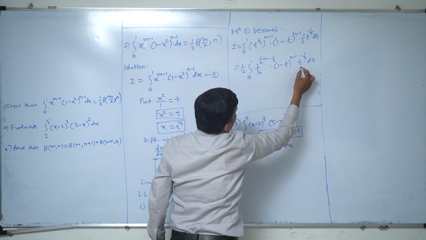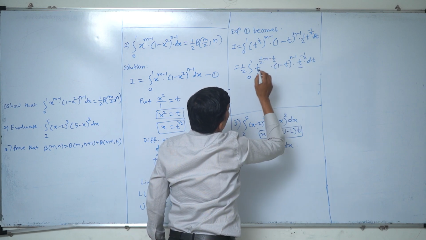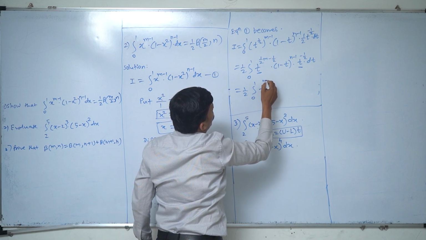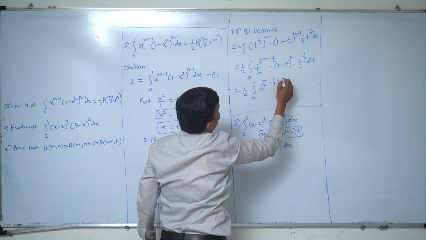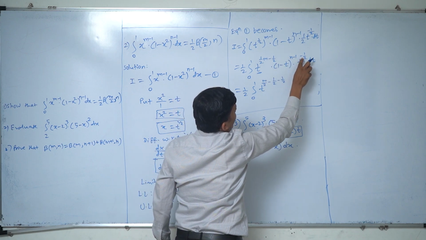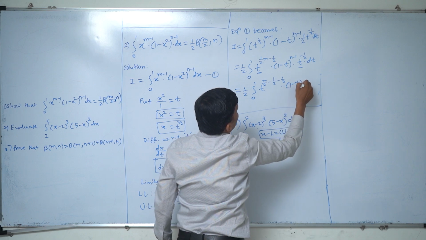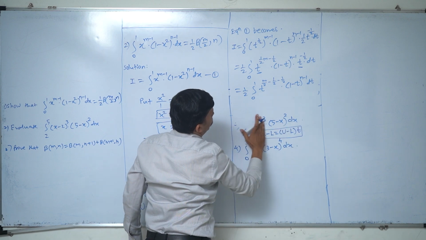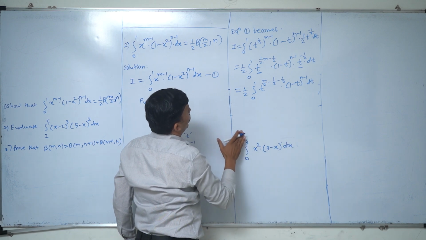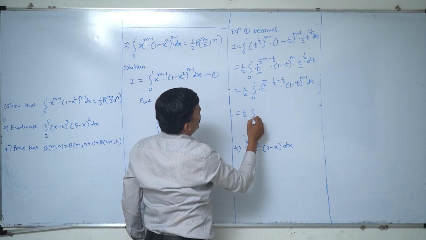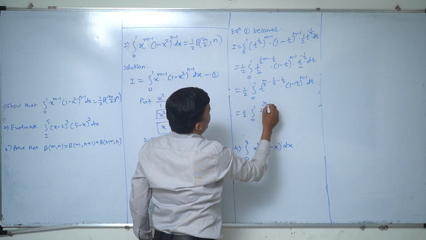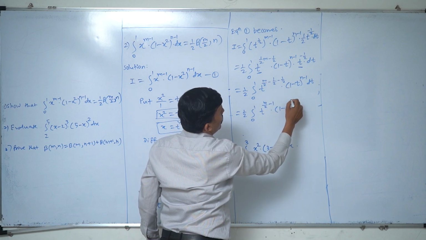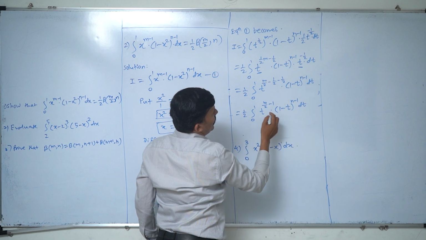Again this term and this term have the same base, so take the addition of powers. So 1 by 2 integral 0 to 1 t raised to m by 2 minus 1 by 2 minus 1 by 2 into (1 minus t) raised to n minus 1 dt. So this is 1 by 2 integral from 0 to 1 t raised to m by 2 minus 1, into (1 minus t) raised to n minus 1 dt.